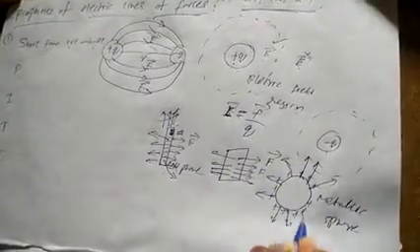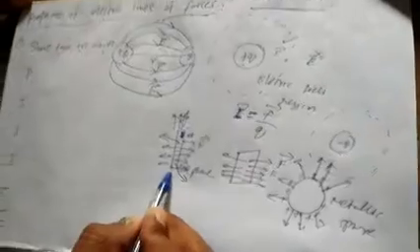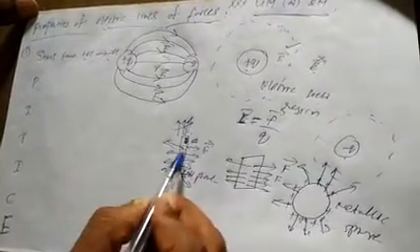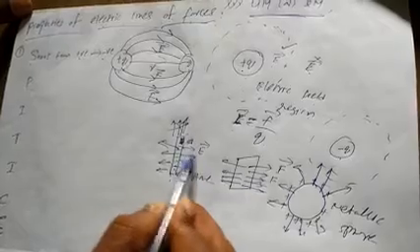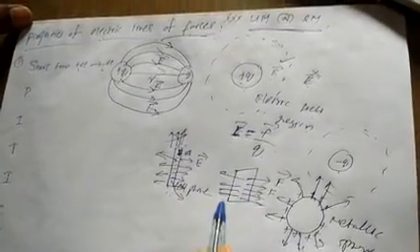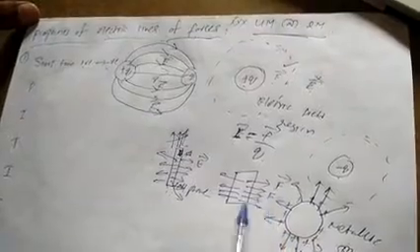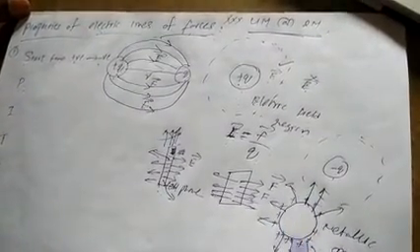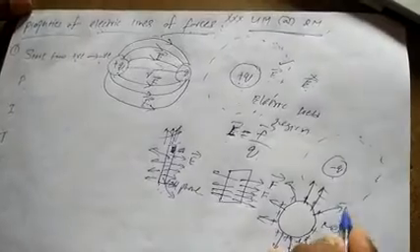Okay, got it? So we know that the electric field lines are perpendicular to this small rectangular disc. Electric field lines are perpendicular to this metallic sphere. The electric field lines are perpendicular.